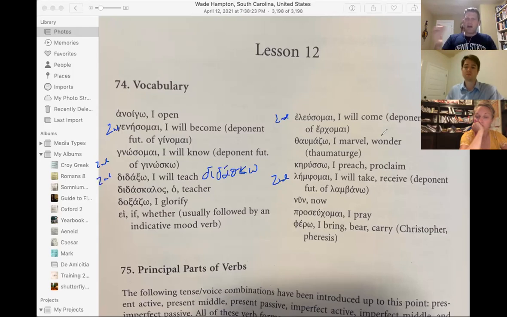You could totally make it through this Greek 1 class without memorizing those principal parts, but especially for very common verbs like erkomai, you'll see you probably need to learn some of these.